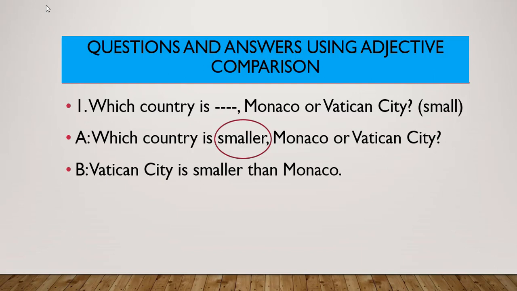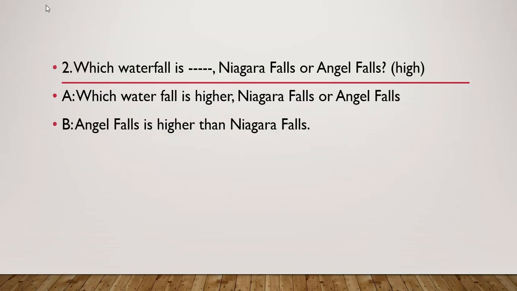Okay, now let's look at question number 2. Which waterfall is dash? Niagara Falls or Angel Falls? Now we want to use the adjective high. So a good questioner will use the adjective high in the correct sense by saying, which waterfall is higher, Niagara Falls or Angel Falls?